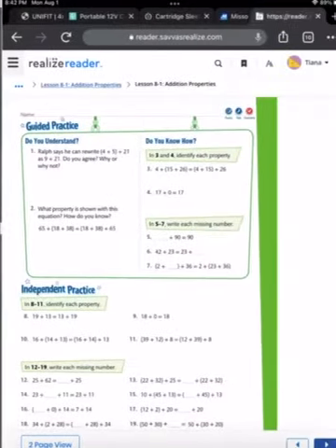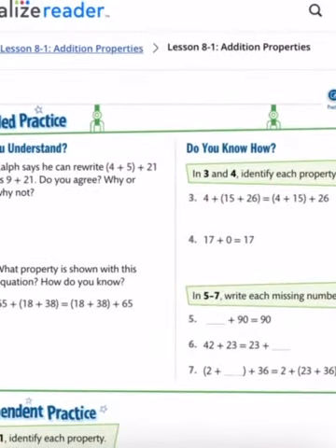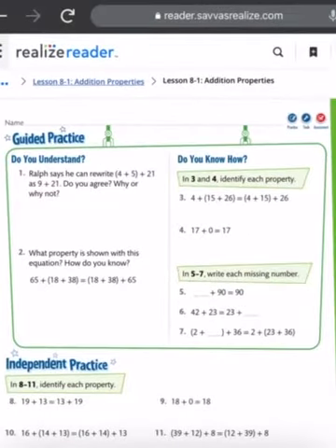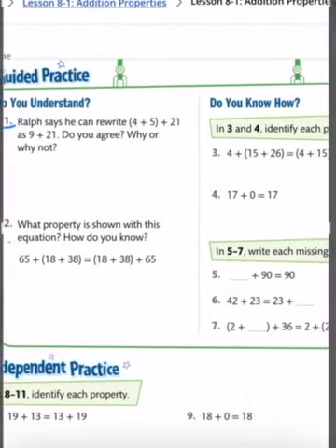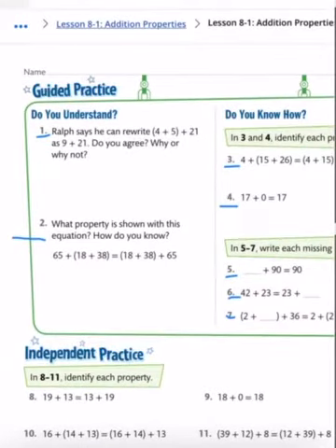One quick thing to look at here for guided practice today. I'm going to walk us through these first 7. What I would suggest, though, if you're comfortable doing these, is pausing the video, and after you've answered these 7 in guided practice, 1, 2, 3, 4, 5, 6, 7, you can come back, resume the video, and check your answers with the answers that I have.